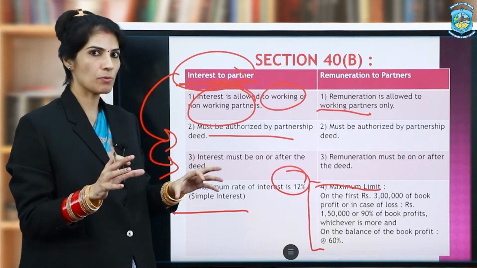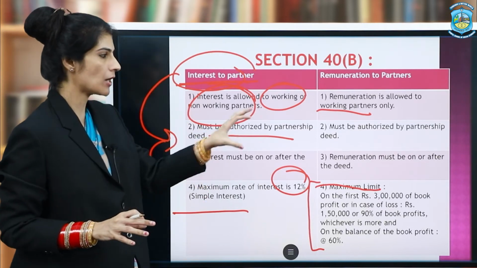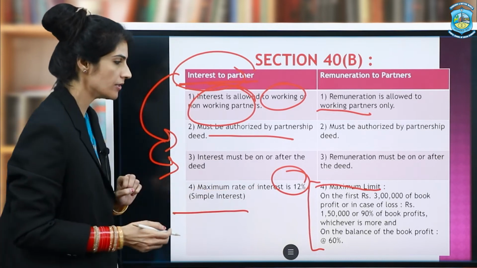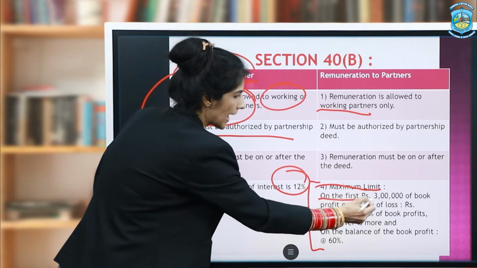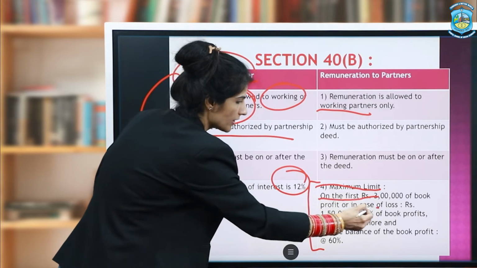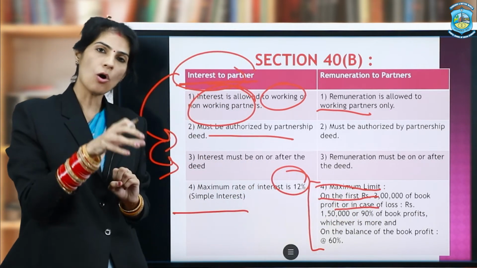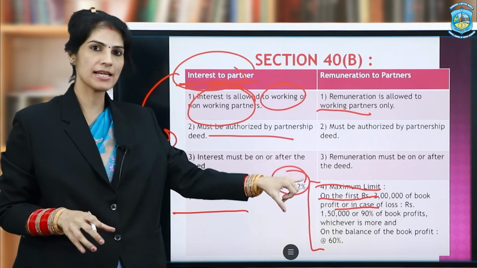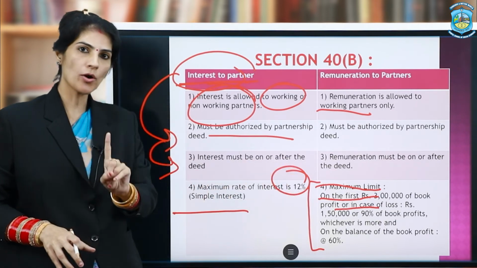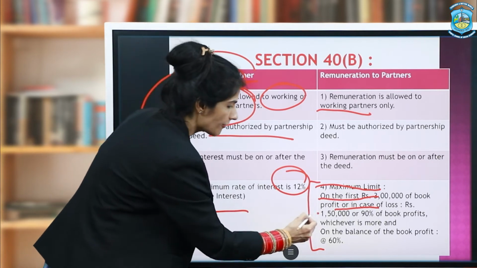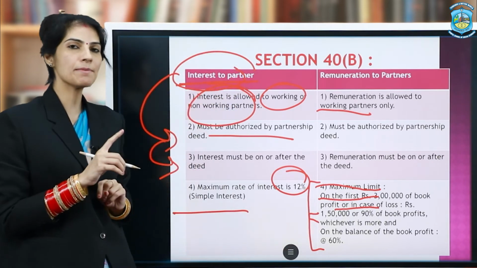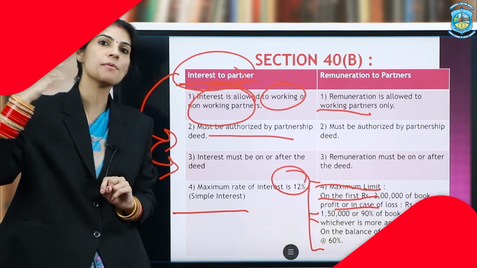So when you are ready with your book profit, how will you find out the maximum limit of the remuneration? On first 3 lakh of the book profit, or in the case of loss, you are going to take the amount 1,50,000 or 90% of the book profit, whichever is more.